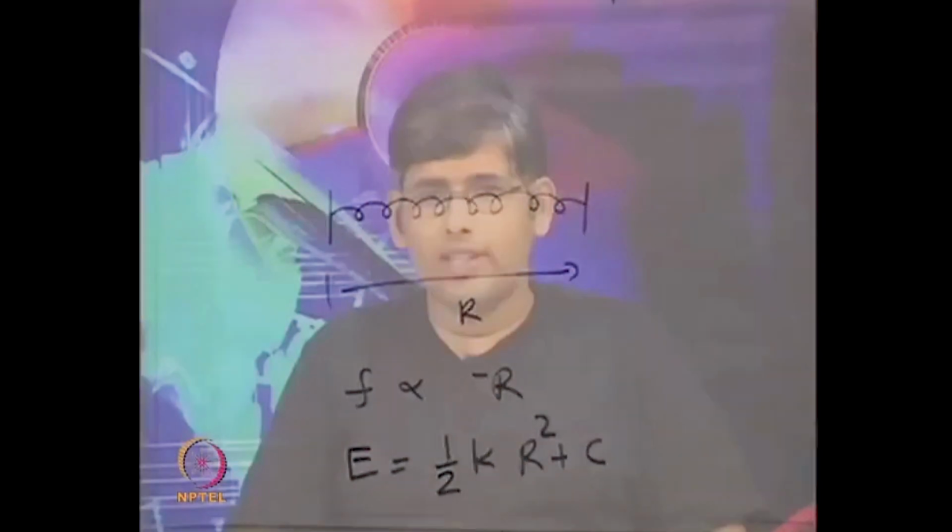We always saw that this constant is a part of the constant of integration. Whenever you do an indefinite integral, you have to have a constant which can be fixed by boundary conditions if you wish. If you know the boundary conditions of the energy needed to pull from here to here, then you can fix this constant. But otherwise, you can always add a constant to an energy.